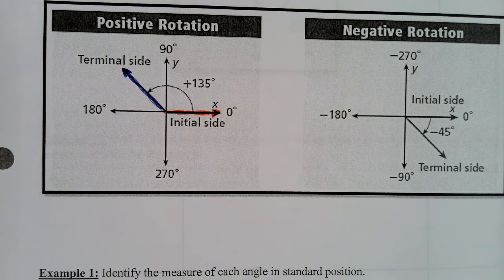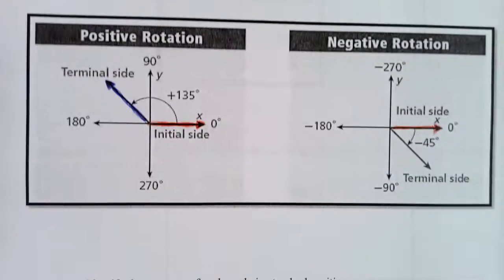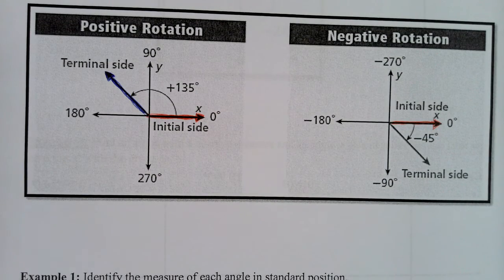And for a negative rotation, that goes clockwise. So again, let me color the initial side in red so you can see it better. That is the initial side in red. And let me color the terminal side in blue so you can see it better.